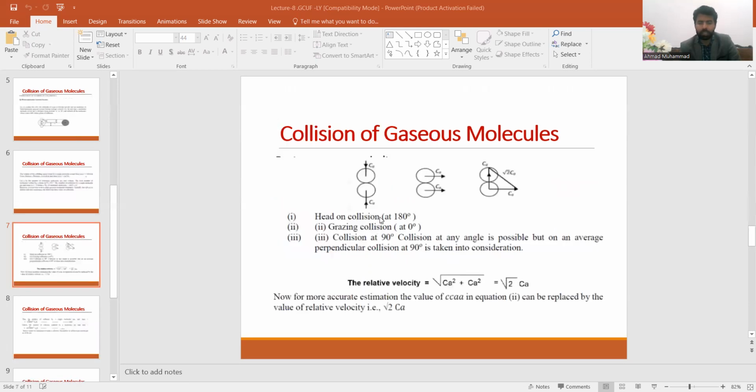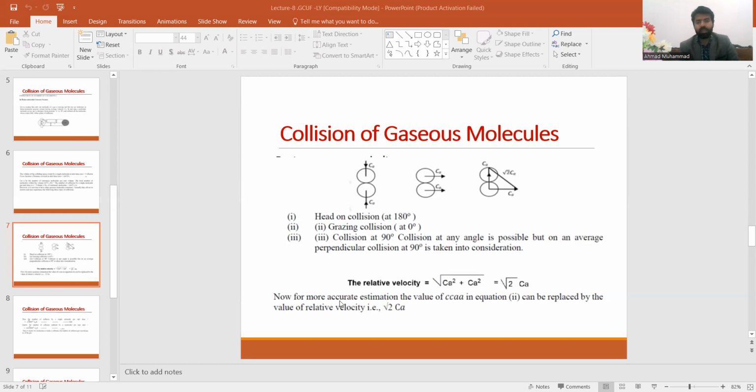Molecules may experience the following three types of collision. It may be a head-to-head collision, where the collision angle is 180, a glancing collision, where the collision angle is 0, and a right angle collision, where the collision angle is 90. They collide with each other, but on average the perpendicular collision at 90 is taken into consideration.